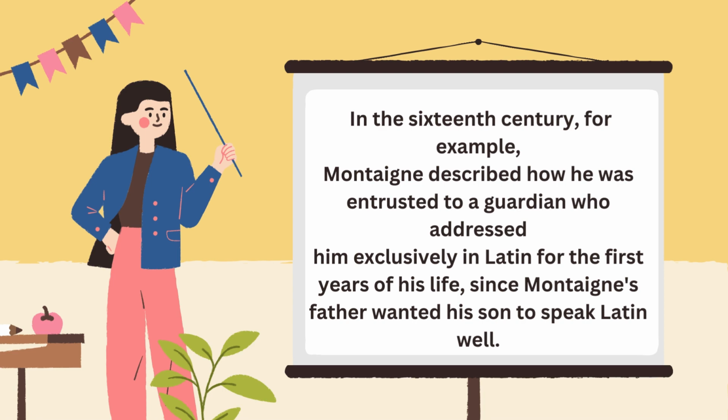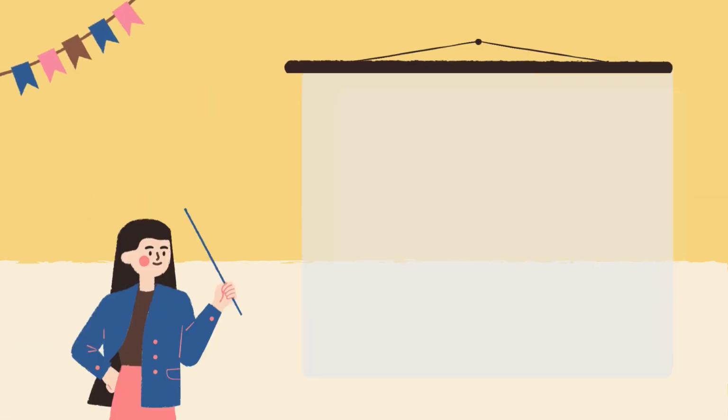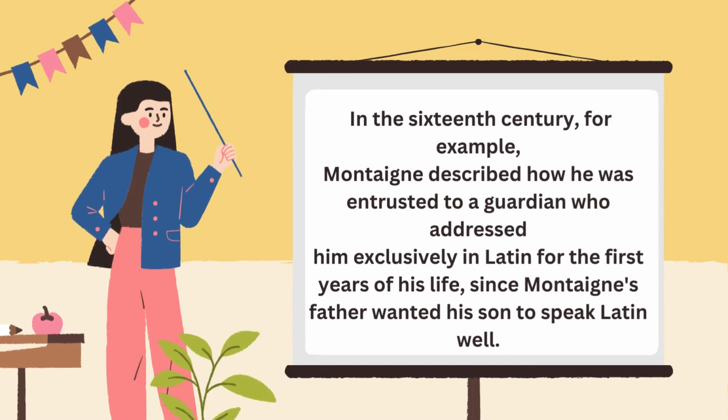In the 16th century, for example, Montaigne described how he was entrusted to a guardian who addressed him exclusively in Latin for the first years of his life, since Montaigne's father wanted his son to speak Latin well. Among those who tried to apply natural principles to language classes in the 19th century was Lambert Sauveur, 1826 to 1907.